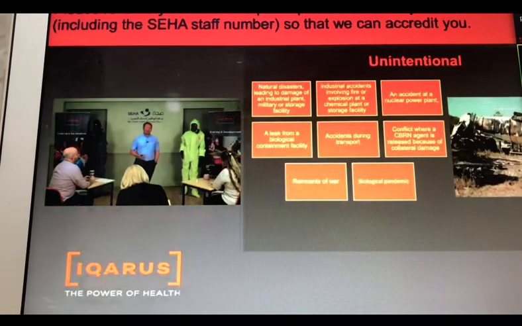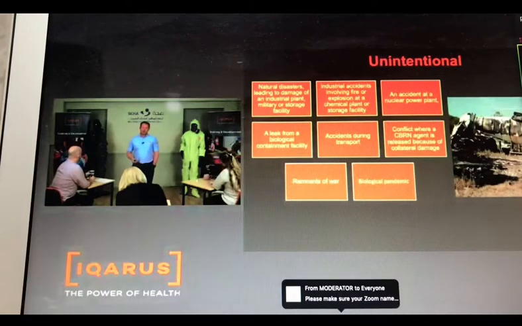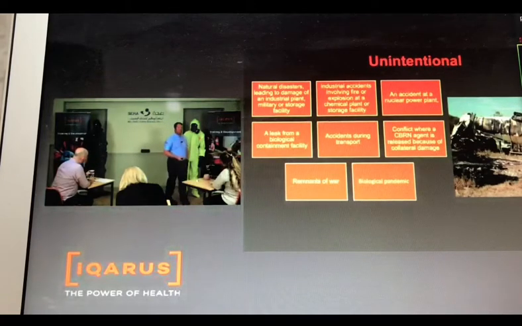If there's an accident, the tanks could become punctured, there could be fires, which then spread these chemicals either as gases or liquids. There could be an accident at a nuclear power plant. Throughout the whole history of the use of nuclear power, there have only ever been two large-scale accidents: Chernobyl and Fukushima. So although the risk is there, it doesn't happen very often.